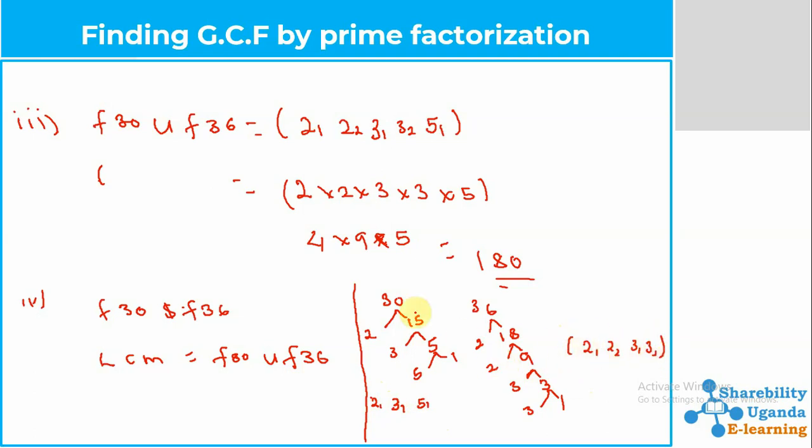These are our prime factors. Because we want to find the union, it gives us 2 1, 2 2, 3 1, 3 2, then 5 1.